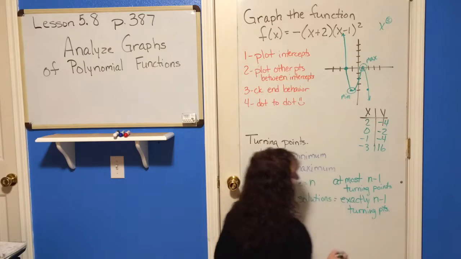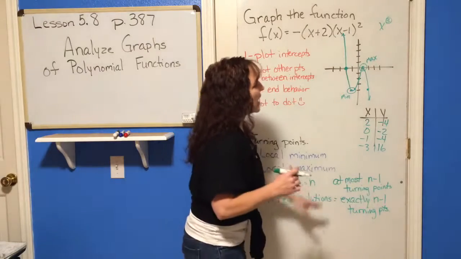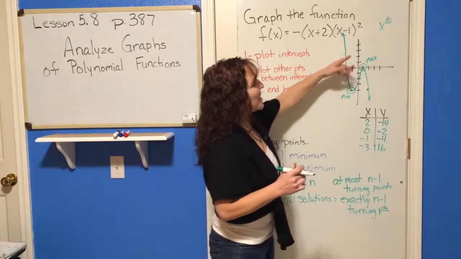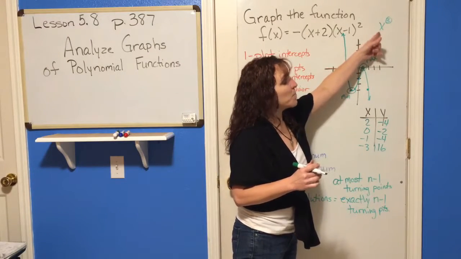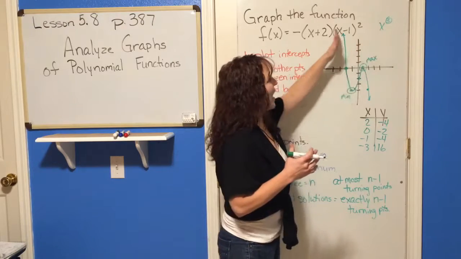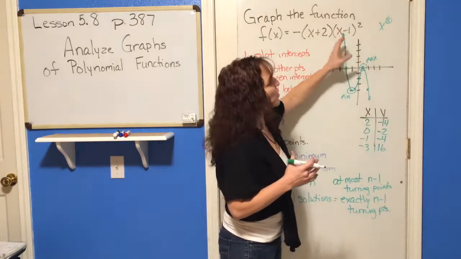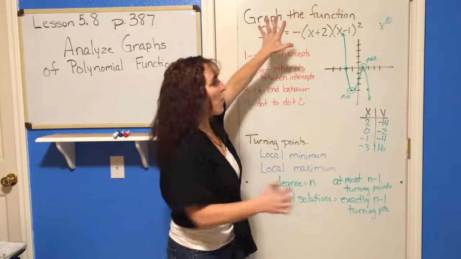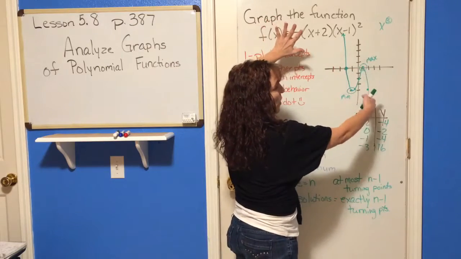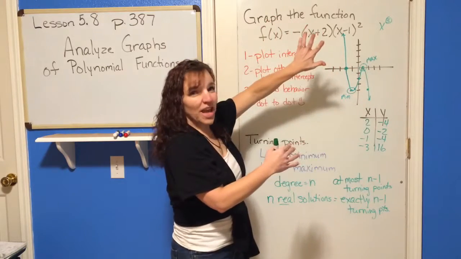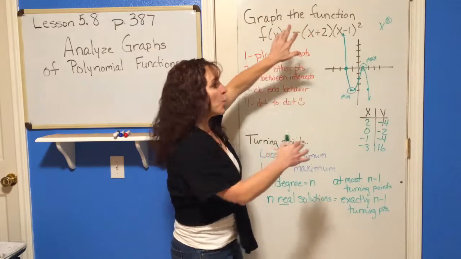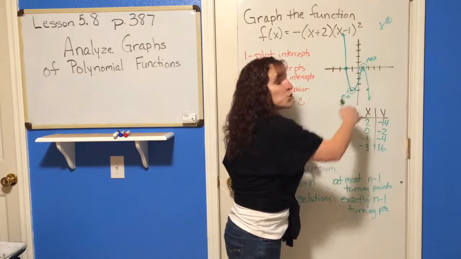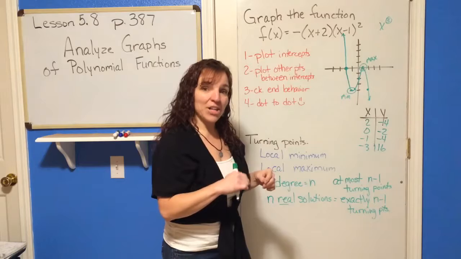Now, what that means is, if you end up with a graph where x to the 5th power was our degree and we just had 2 turning points, well, that would mean that we would have 2 solutions that were imaginary.